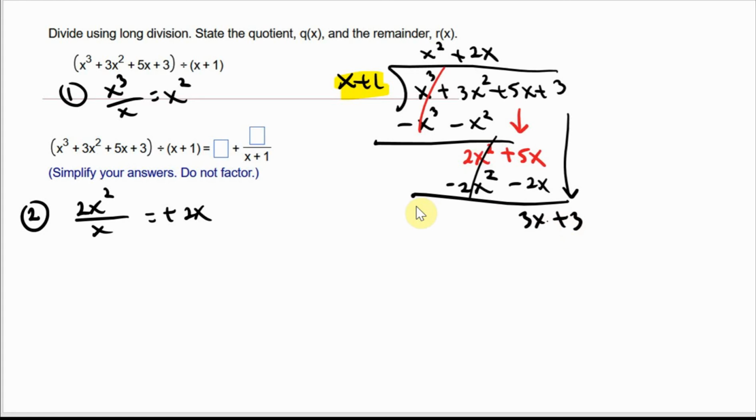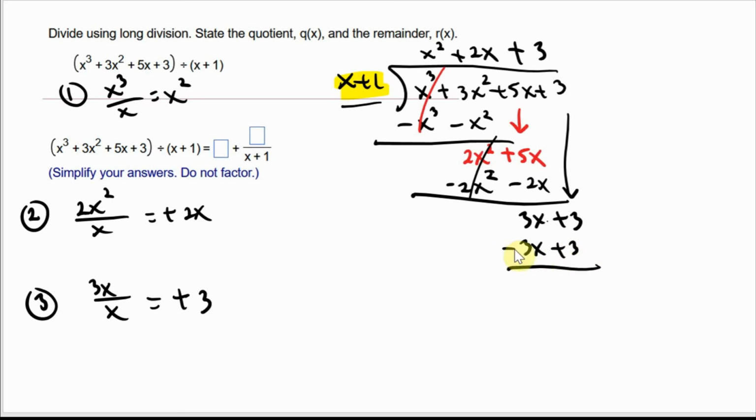Plus 3. So now let's divide the 3x by x. Gives us plus 3. So we add a 3 there. Multiply 3 times the binomial. So we get 3x plus 3.